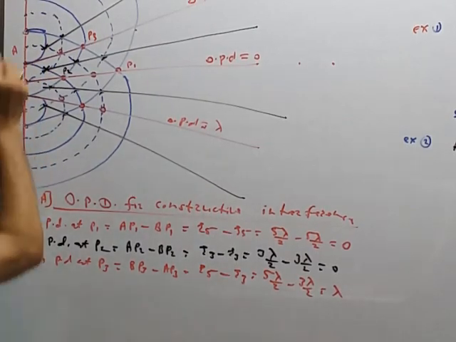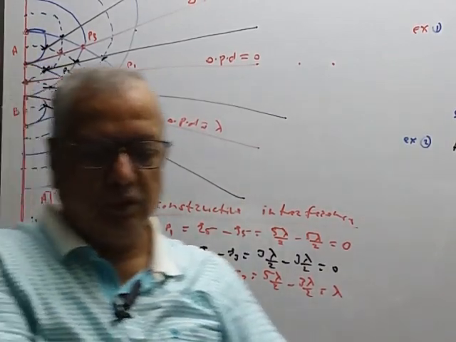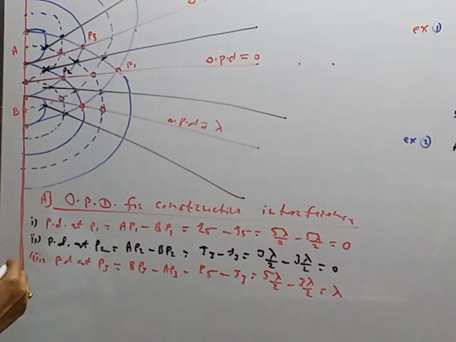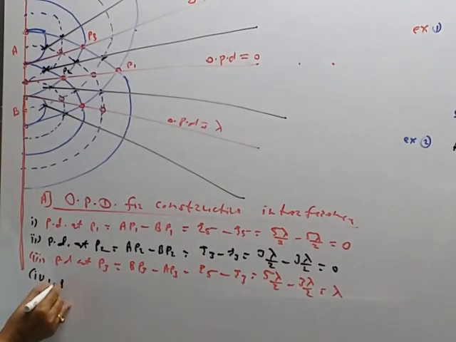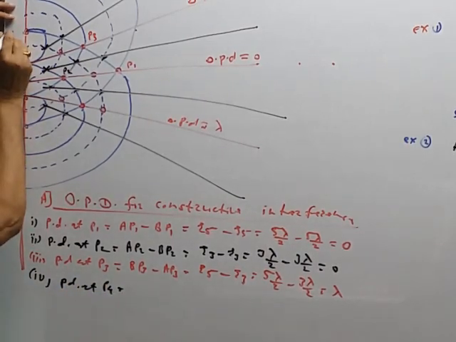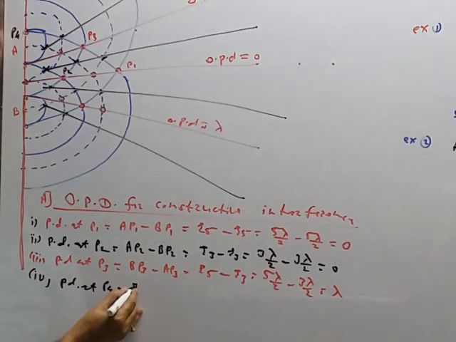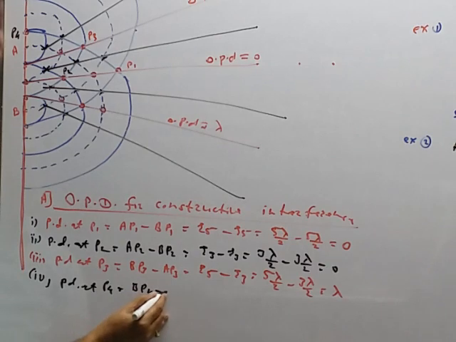चेक करून बघा. समजा आपण हा P4 पॉइंट कन्सिडर केला. वन मोर केस, केस नंबर 4. पाथ डिफरन्स ॲट पॉइंट P4. इथे आपण P4 घेतला. So BP4 is longer distance, AP4 is a shorter distance.